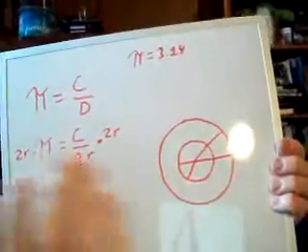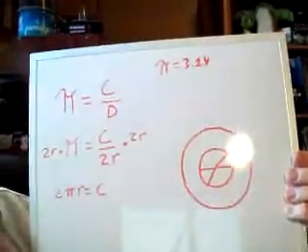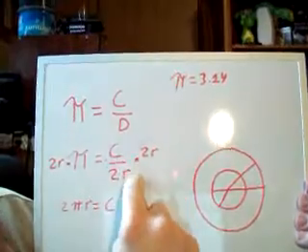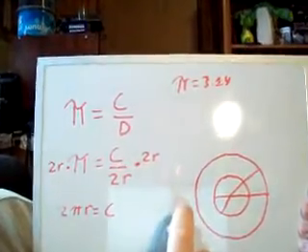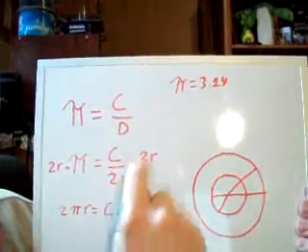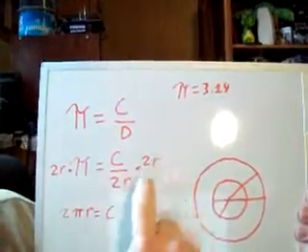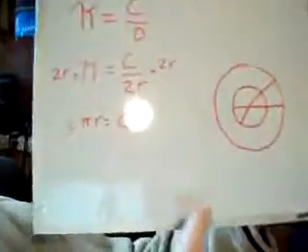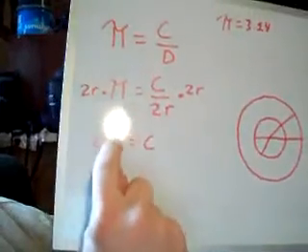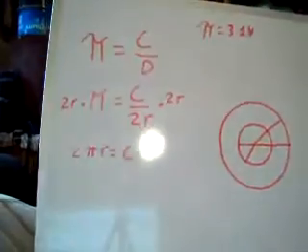Okay, so what are we going to do? We're going to abide by basic fractions. We're going to take this fraction right here times 2r over 1. So the 2r here and the 2r here cancel each other out, and you multiply pi times 2r, you're going to get 2 pi r equaling circumference. That's where they get this.